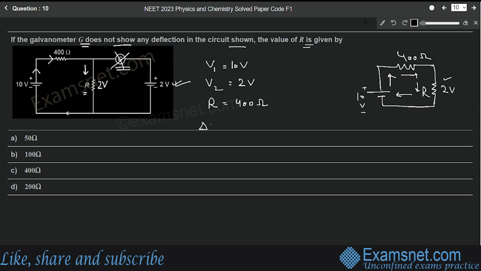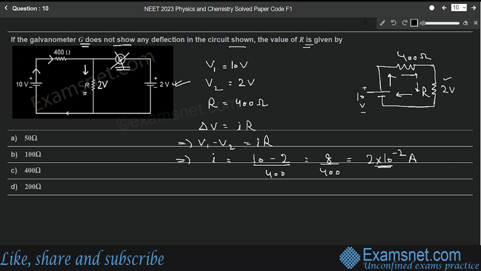We know that delta V will be equal to I into R. Delta V is V1 minus V2, and that will be equal to I into R. So I will be equal to delta V, that is V1 minus V2, upon R. V1 is 10, V2 is 2, upon 400 ohm. So that will be equal to 8 by 400. So what do we get here? We get 2 into 10 to the power minus 2 ampere. So this is the amount of current that is flowing through this circuit.